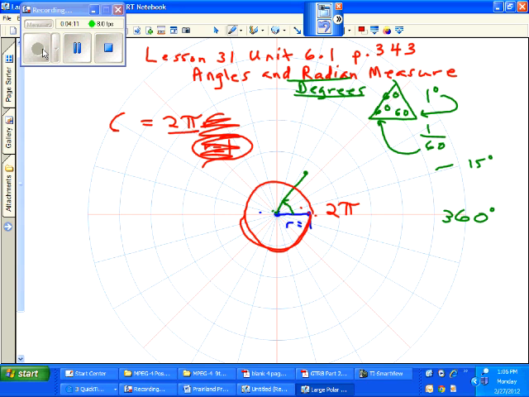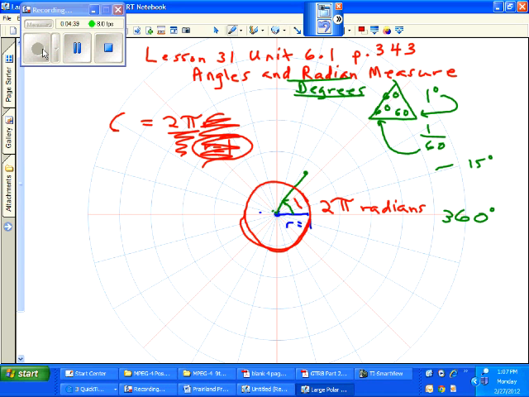And so we say that there are 2 pi radians in a circle.